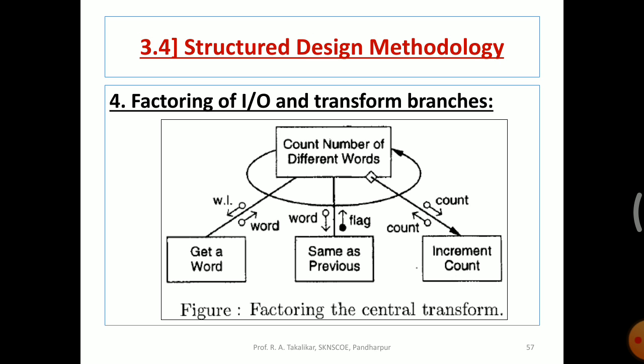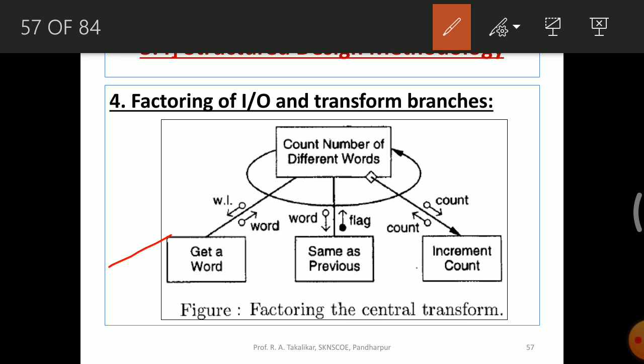Similarly, another example of factoring of IO and transform branches. Now we have to factor the count number of different words. This particular module we have to factor. It has transform modules such as get a word.